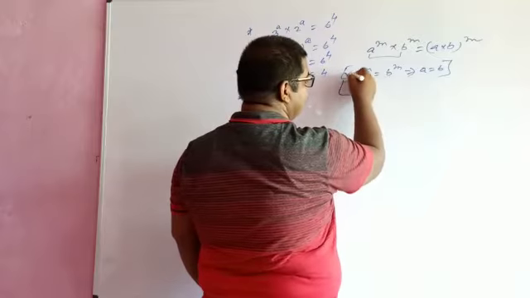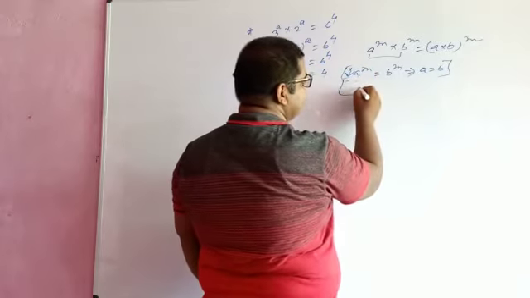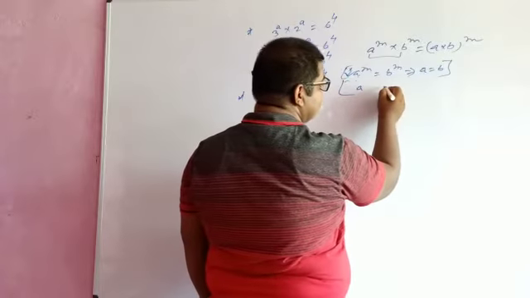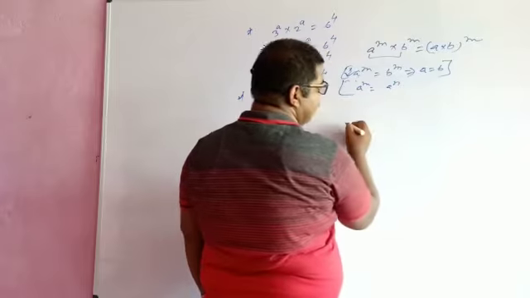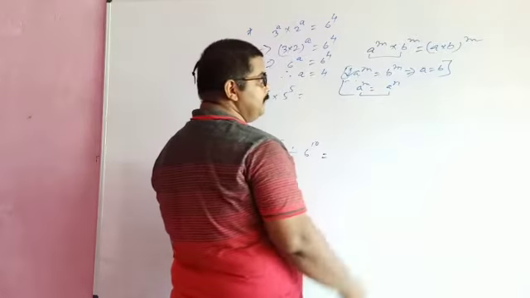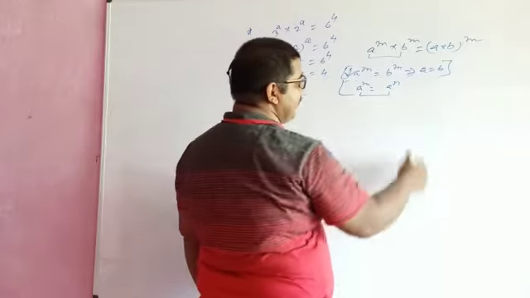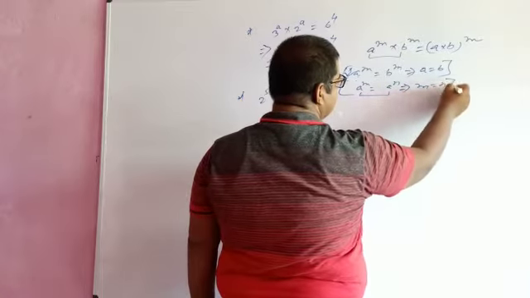Actually, equality follows two laws. When bases are same and powers are different, then you can write that the powers are equal, m is equal to n.